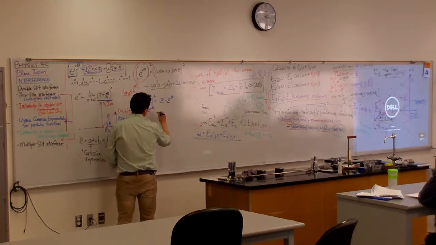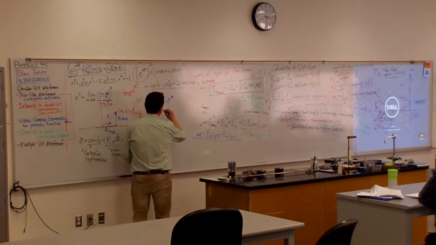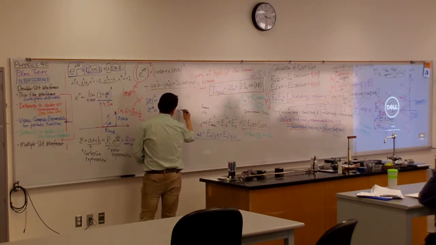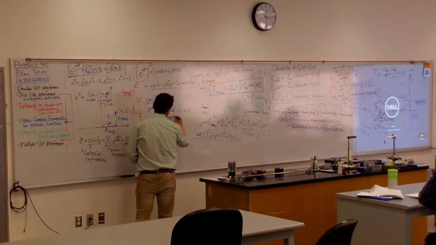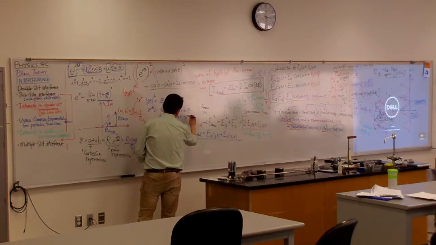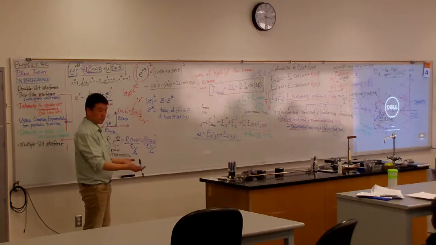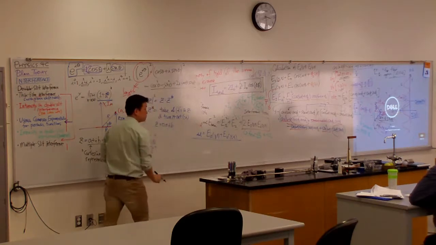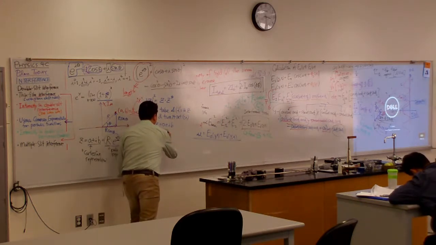It's easier to describe in words: take all imaginary numbers in G and turn them into minus i. So for example, if G is equal to a plus ib, where a and b are real, that's important, then the complex conjugate is a minus ib.